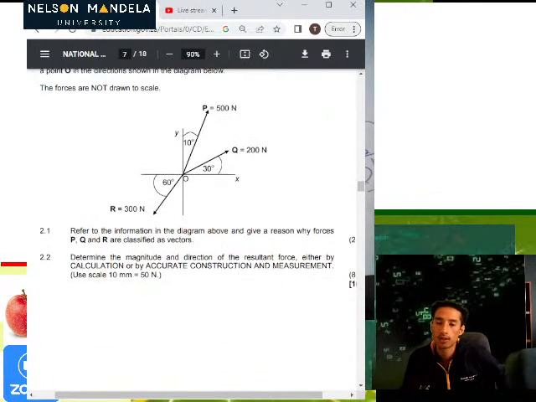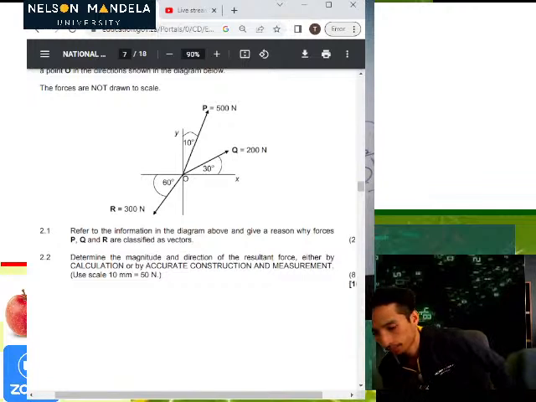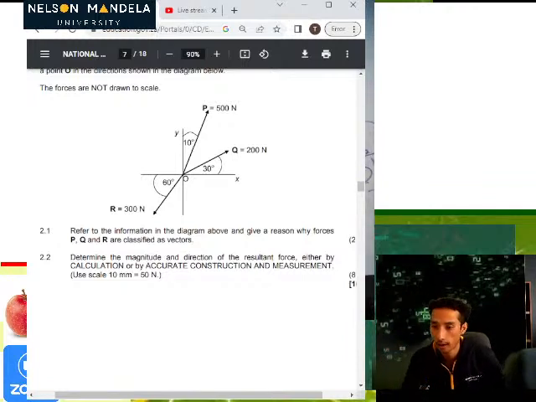So we know that the definition of a vector tells us that it's a quantity that has both magnitude, meaning how much, and direction. In this instance we know vectors are represented by arrows, and these arrows in this diagram have values. So Q is equivalent to 200 newtons, P equivalent to 500 newtons, R equivalent to 300 newtons.